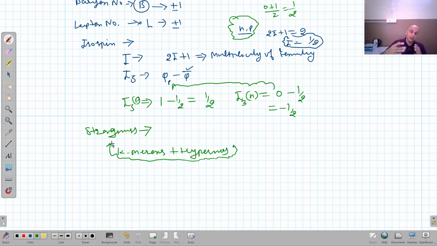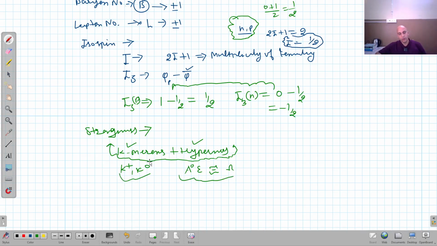The other thing is they are produced by the strong interaction and decay by the weak interaction. So that's why they are called strange particles. So we have to remember K mesons and hyperons, right? K meson family: K plus, K naught, and hyperons lambda, sigma, xi, and omega. So these particles are strange.